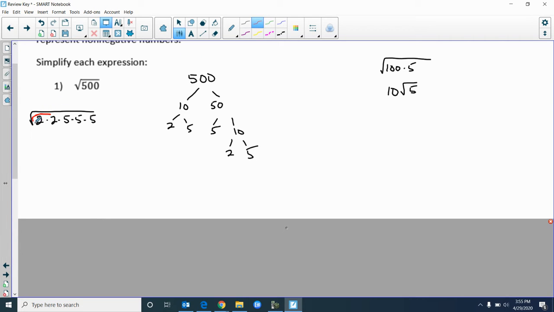Now I got a pair of 2's and a pair of 5's. Remember, anything that comes out, we're eventually going to multiply together. So for each pair, you've got to have a buddy, and only one comes out. Then you get a pair of 5's, and now 2 times, I got a 5 left over. 2 times 5 is 10. 10 square root of 5. Okay, so that's got to be your answer for that one.